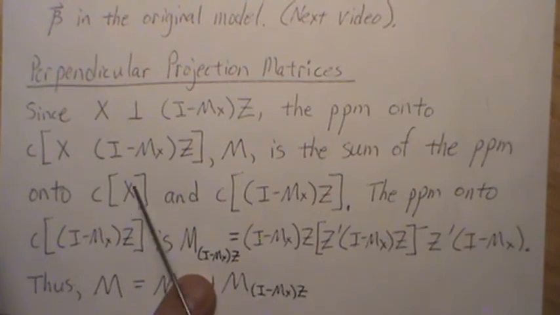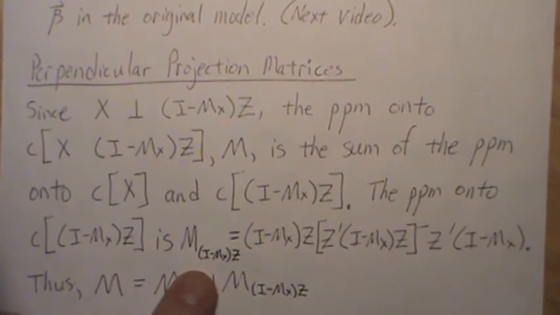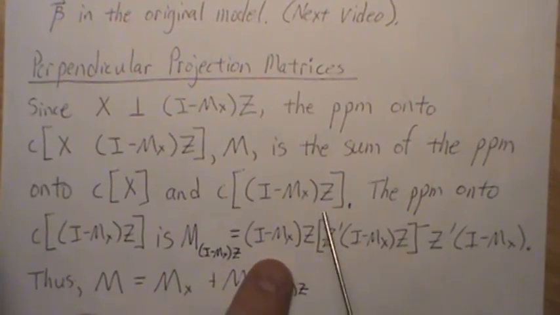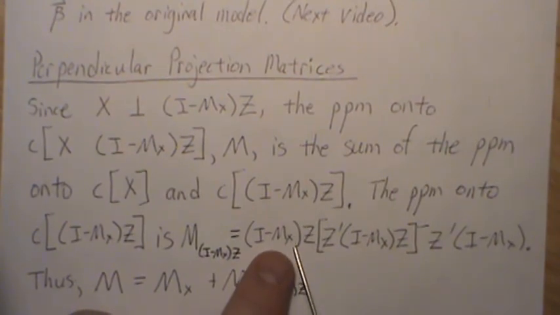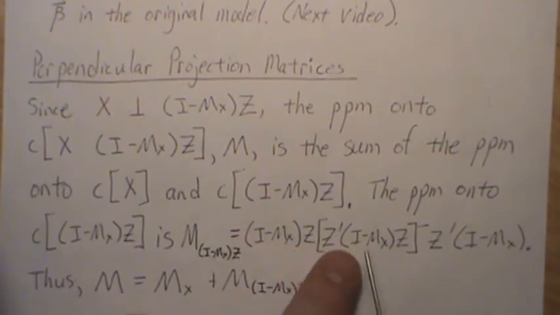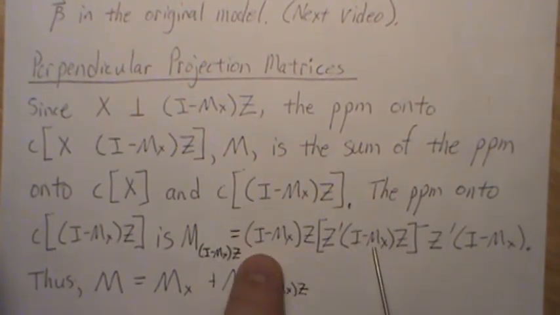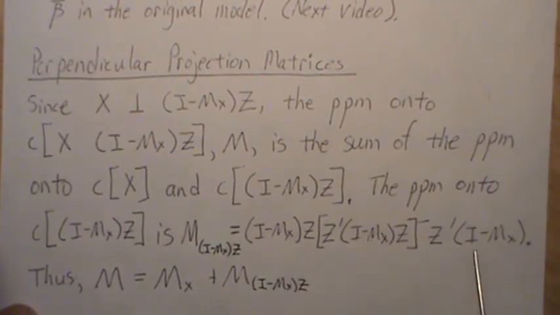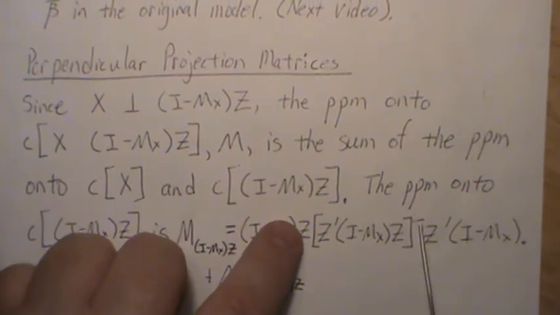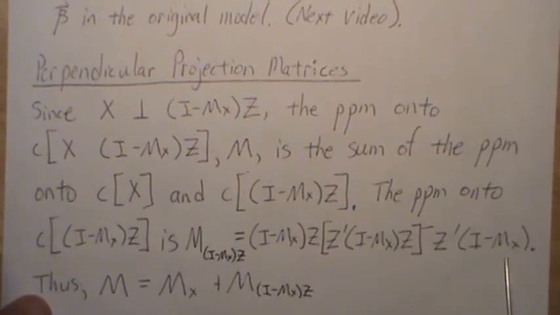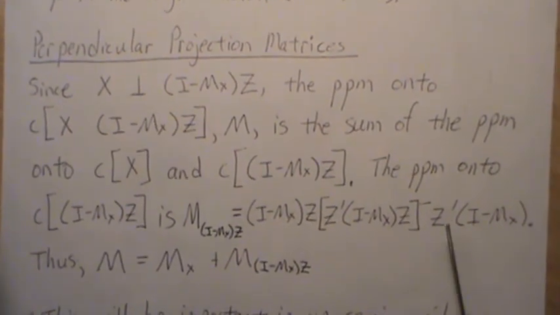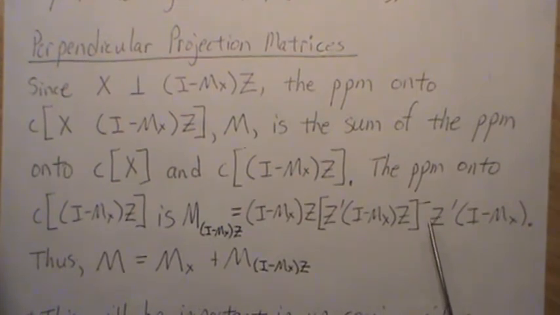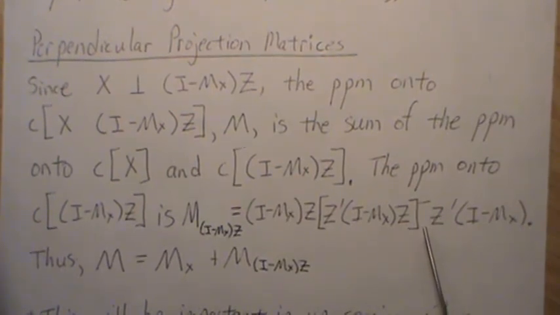Whatever's here, we'll put as a subscript, like we did here, where we just used X as the subscript to M. So then we take this column space, and then it's that transpose times it, and since that's a perpendicular projection matrix, it's idempotent, so we just have one of those. And then it's this column space transpose, which is this. And of course, this is symmetric. Now I have a video called The Sum of Perpendicular Projection Matrices.